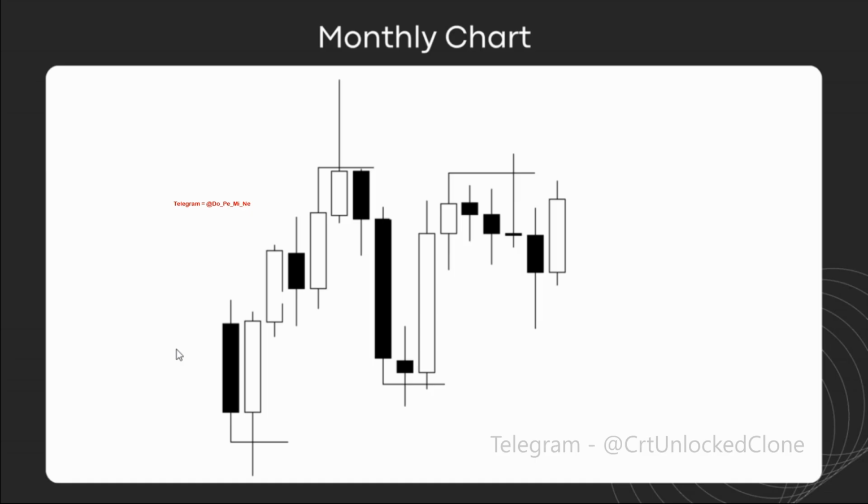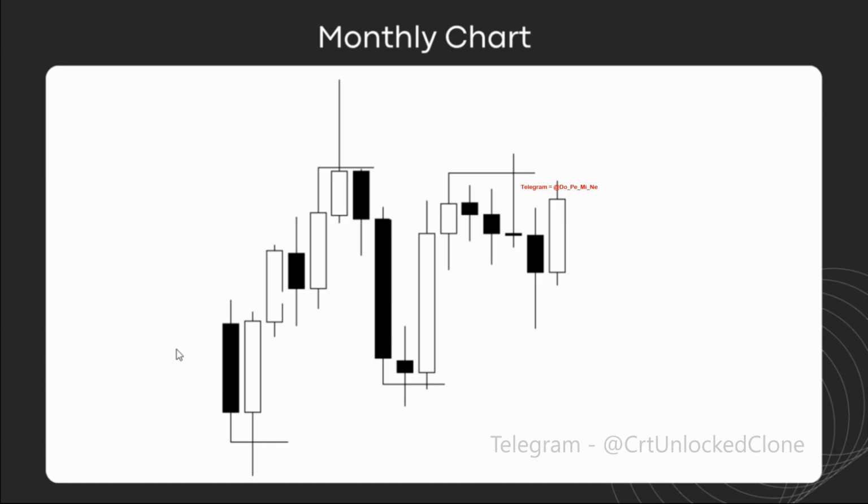So the idea is that on the monthly time frame you're going to use these concepts to build a directional bias, and then your long-term directional bias and drawn liquidity would be exactly that, and you're going to stick to that unless there is a change in market dynamics or price action on the lower time frame that tells you otherwise, right? You could also use this as a filter to manage your risk too.